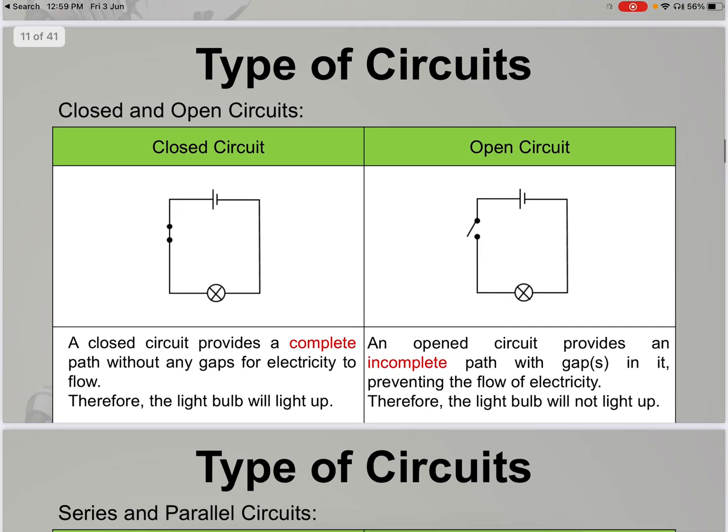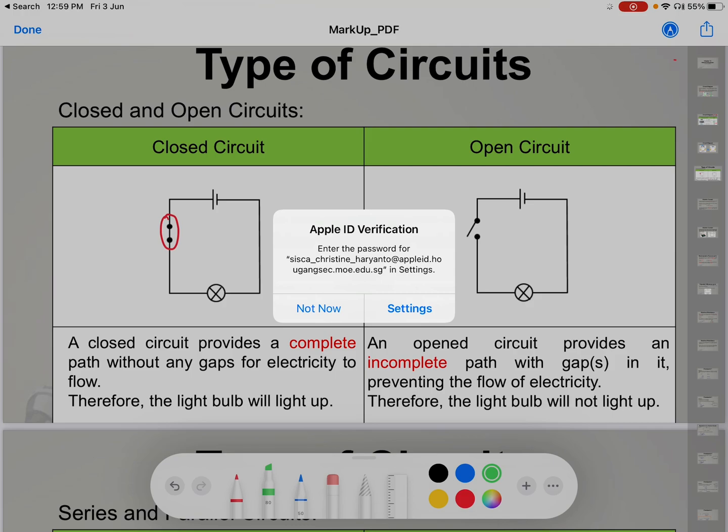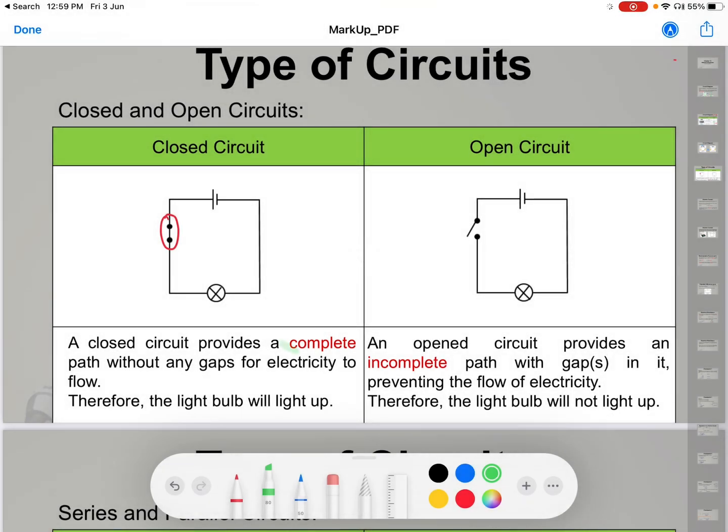Now we go on to the types of circuits. A closed circuit, we will see that the switch is touching, is closed. What does it mean by having a closed circuit? It means that it provides a complete path without any gaps for electricity to flow. And with that complete path, the light bulb will light up.